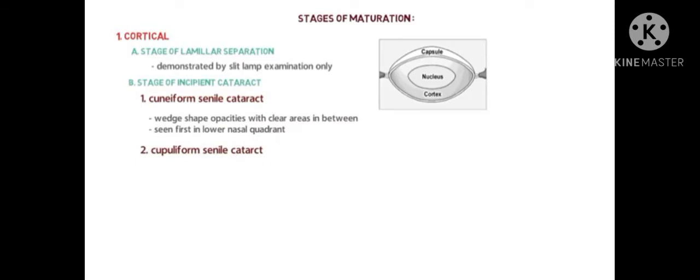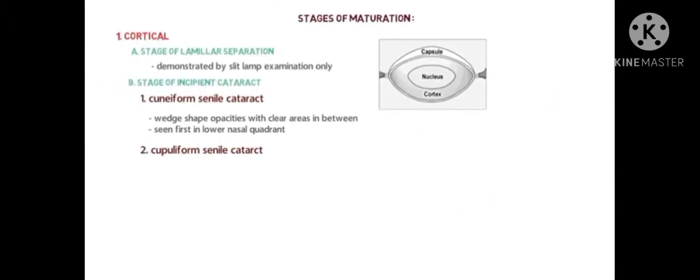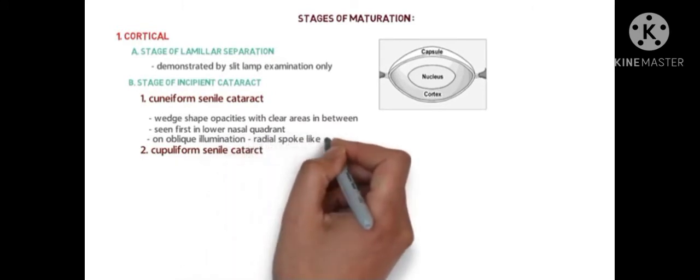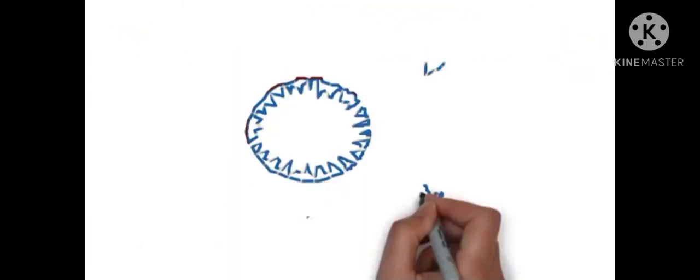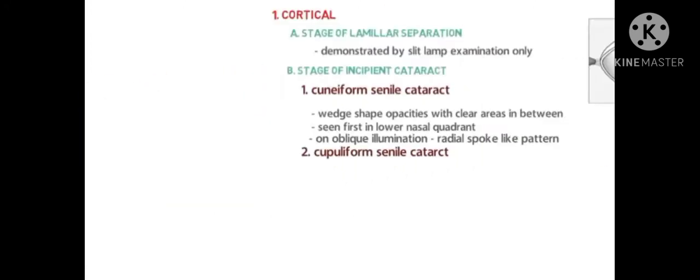There are four quadrants of the eye: the lower nasal quadrant, upper nasal quadrant, upper temporal quadrant, and lower temporal quadrant. So it is first observed in the lower nasal quadrant. On oblique illumination, it looks like a radial spoke pattern. Look at this diagram.